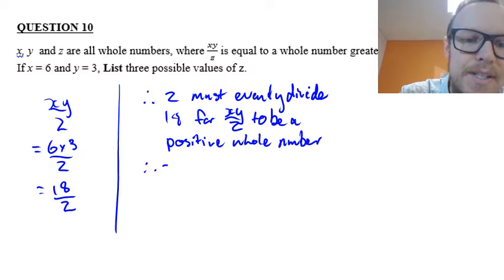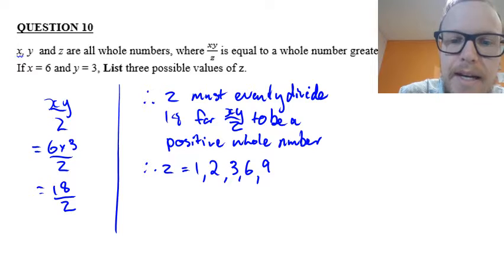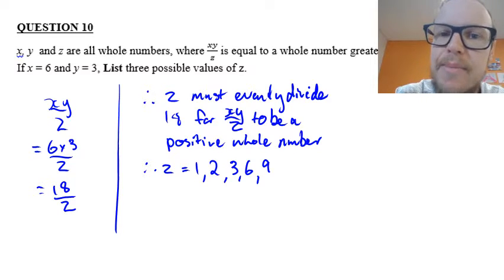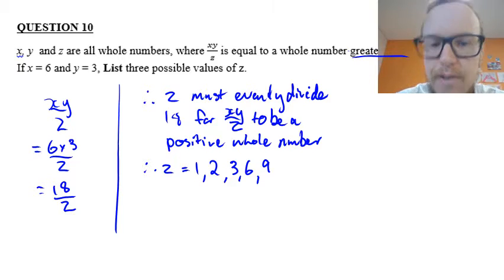So therefore z can be equal to 1, 2, 3, not 4, 6, 9. It can't be equal to 18 because 18 divided by 18 is 1, and in the question it says greater than 1.